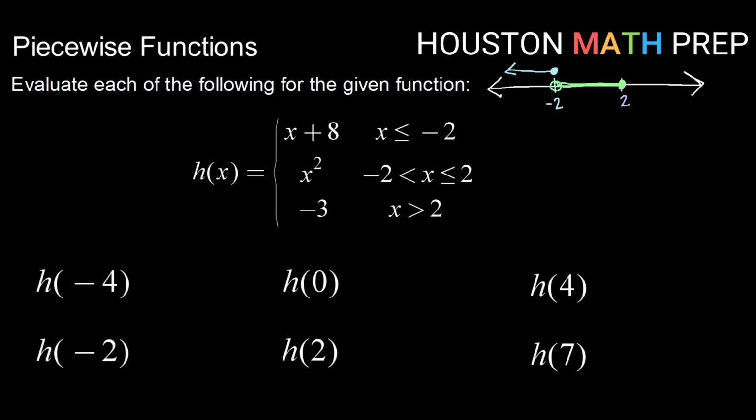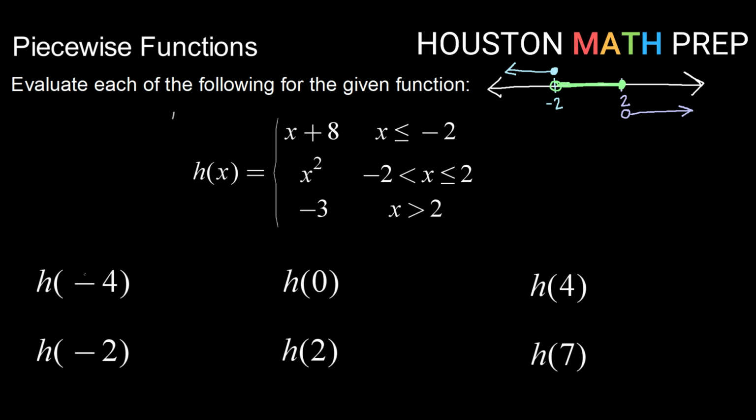So between those, not including -2, but including 2. And then our third piece that defines what happens if we are at 2 not inclusive and above. So when we go to evaluate some of our piecewise expressions, we need to figure out which piece of our function we are working with.